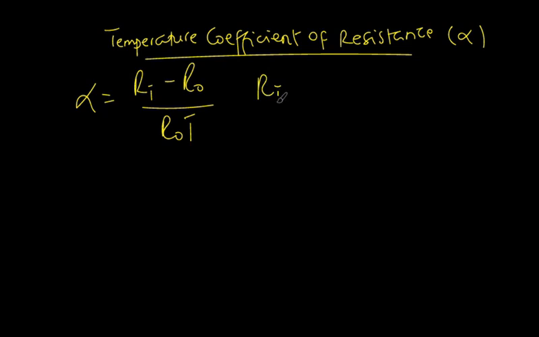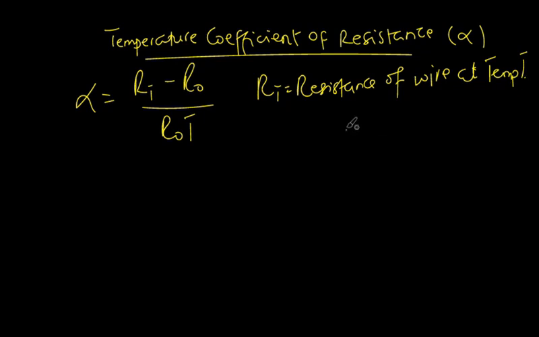Now the RT is the resistance of the wire at the temperature T. So RT is the resistance of the wire at a particular temperature.